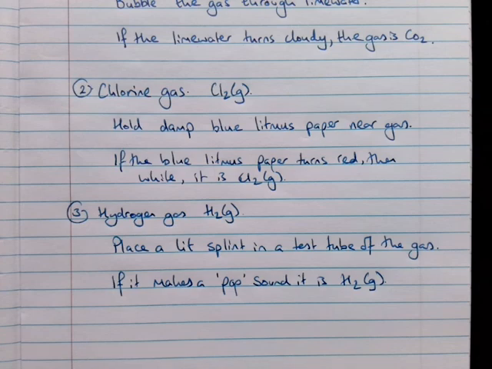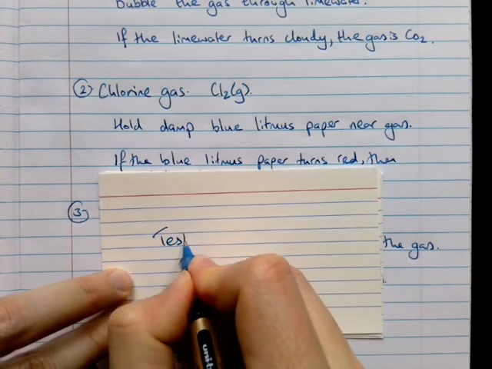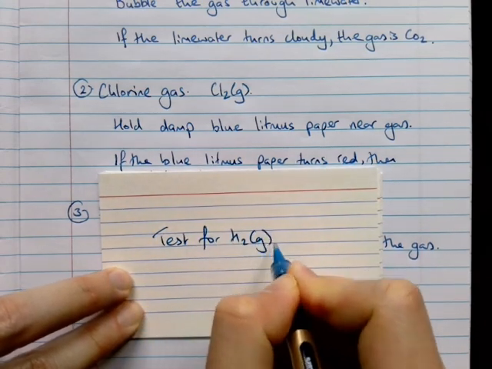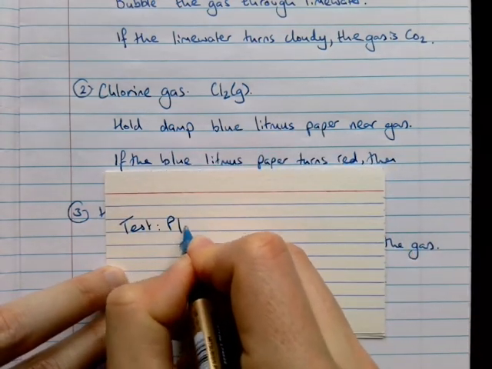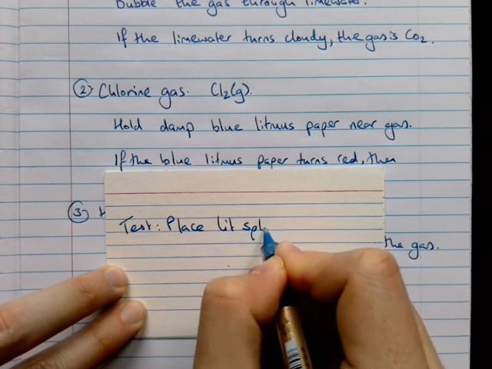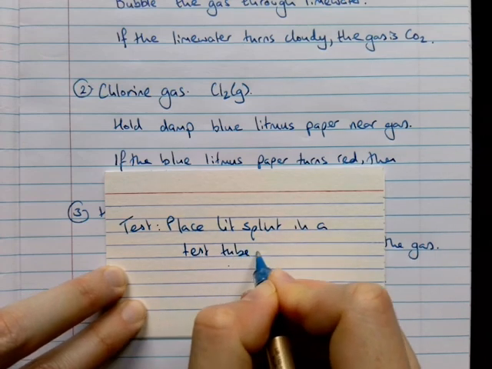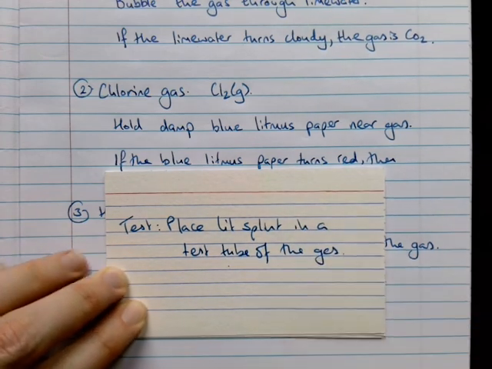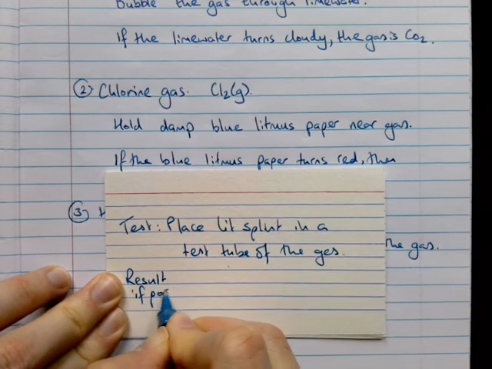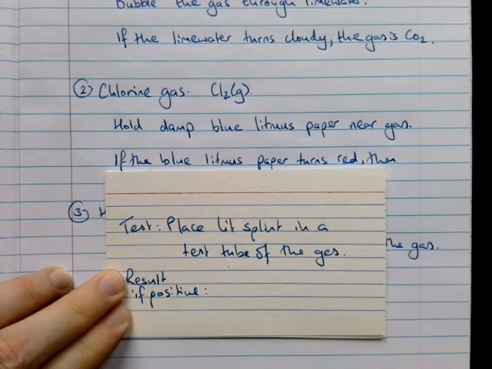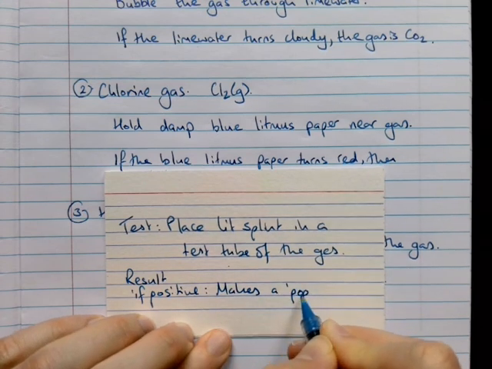All right, so test for H2 gas is going to be, the test is place a lit splint in a test tube of the gas, and the result, if positive, remember what I mean is if it is hydrogen in the test tube, okay, it makes a pop sound.